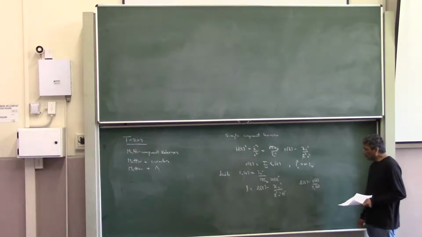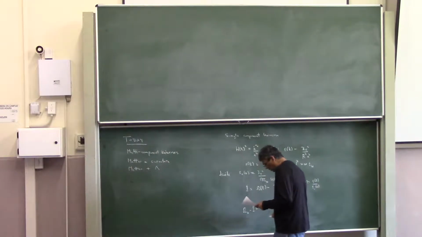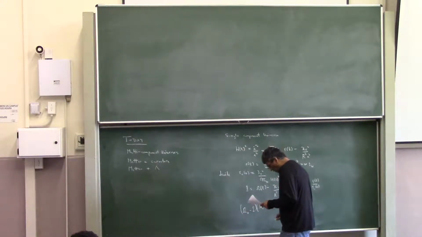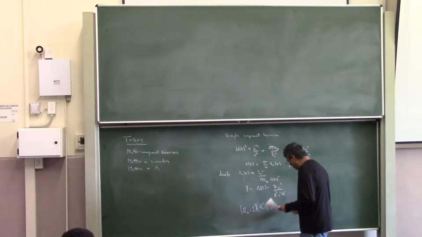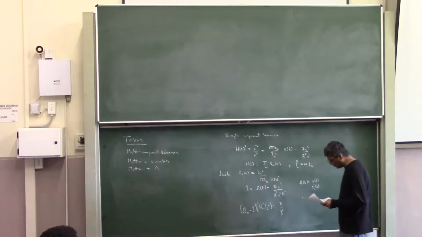In particular, today, omega 0 minus 1 times H0 squared over c squared is equal to kappa over R squared.